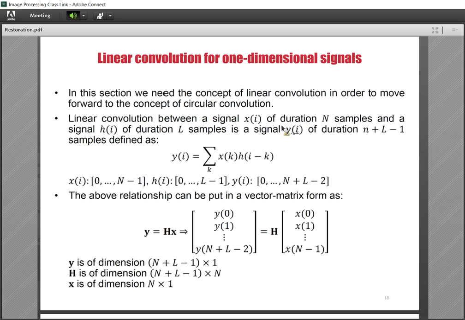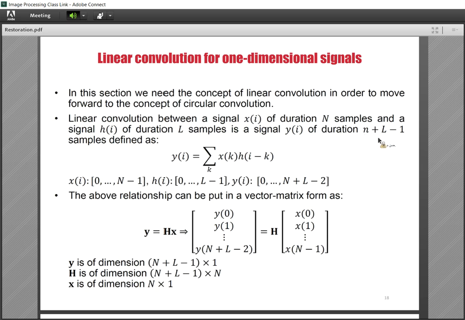Linear convolution between a signal x(i) of duration n samples and a signal h(i), or a system h(i), of duration L samples, gives a signal y with duration n plus L minus 1.